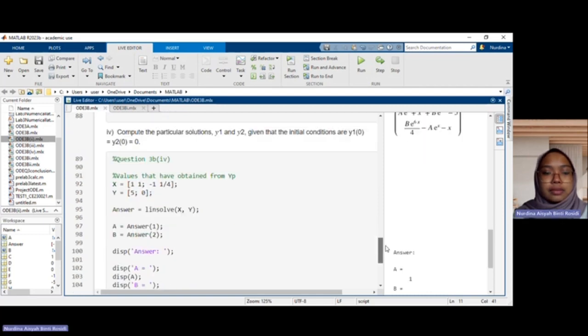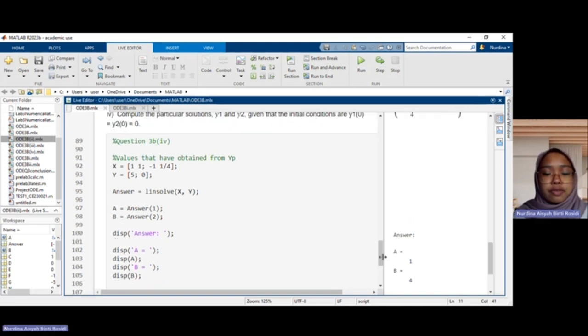And lastly, 3b4: compute the particular solution y1 and y2 given that the initial conditions are y1(0), y2(0) equal to 0. The first step in the coding is the values that we have obtained from yp.